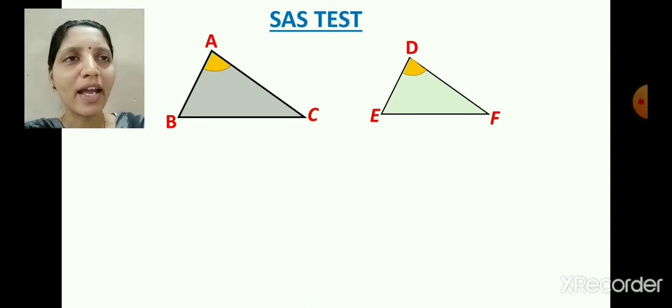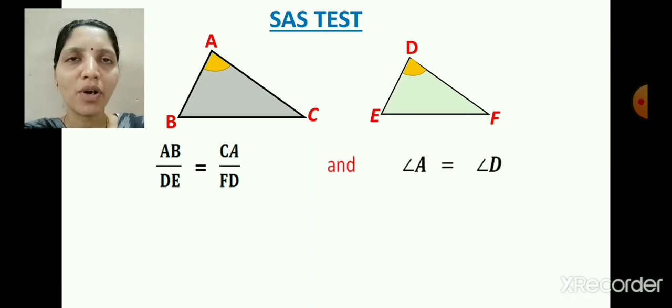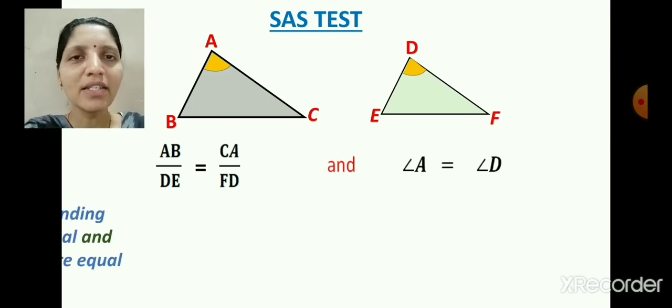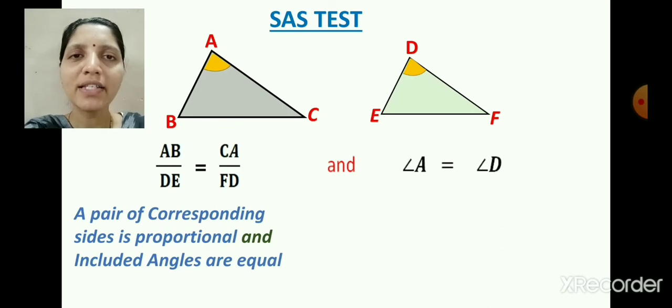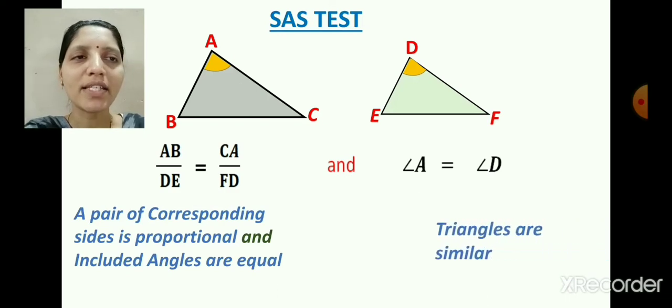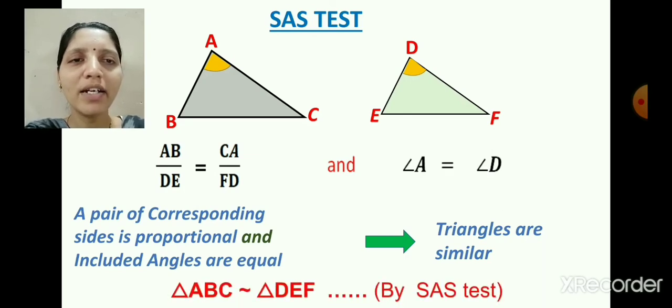Angle A and angle D. So let's write down, if AB upon DE is equal to CA upon FD and angle A is equal to angle D, that is, if two pairs of corresponding sides are proportional and the included angles are equal, then we can say that the two triangles are similar. Therefore, triangle ABC is similar to triangle DEF. By which test? Yes, by side angle side test, that is SAS test.